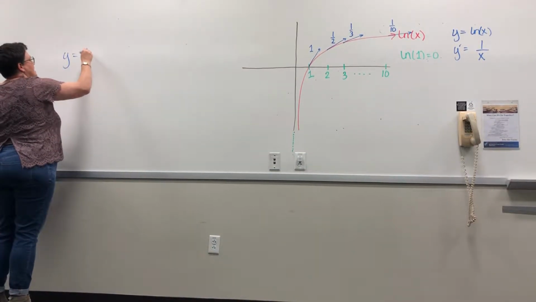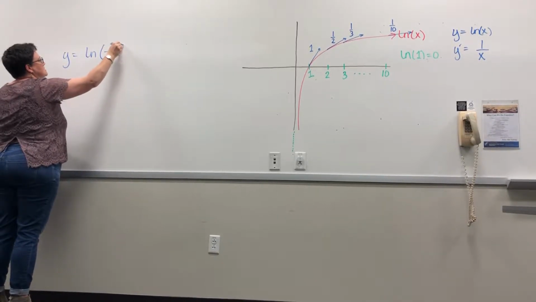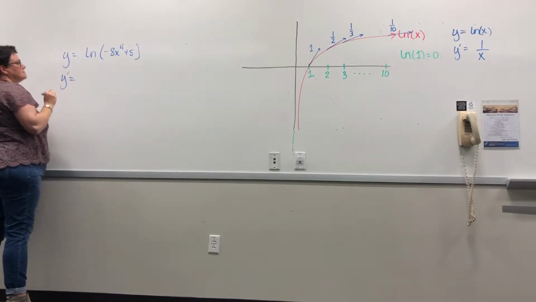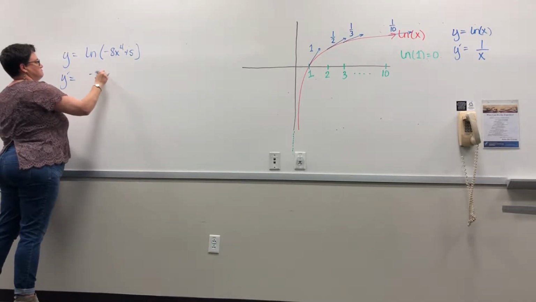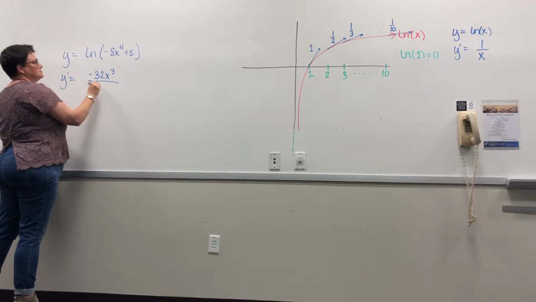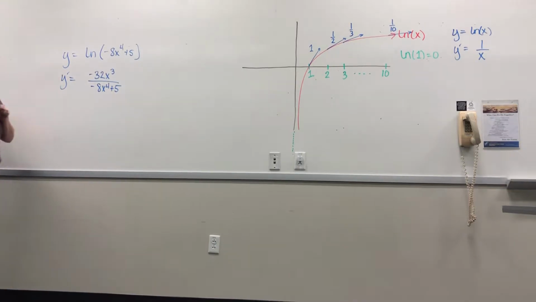How about this one? Y equals the natural log of negative 8x to the 4th plus 5. What's the derivative, guys? Damn, that's easy. There should be a button or something. Seriously.